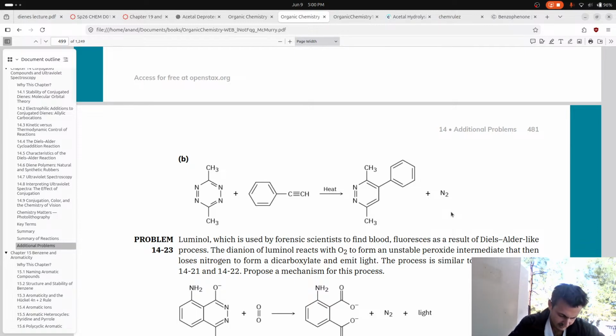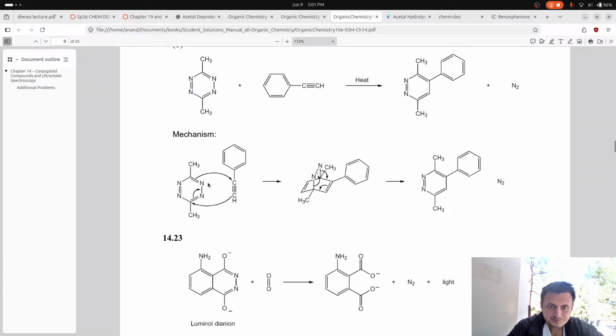Okay, and here's what happens. You find the diene. You make, wait. I actually don't get the arrows. This goes into here. Right, this connects to this.